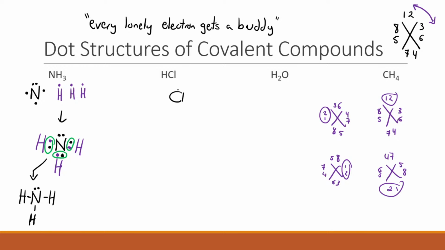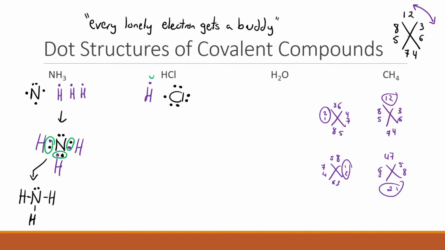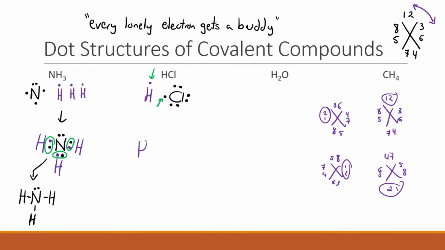If I move on and look at something like HCl, you can see pretty quickly that we have 2 unpaired electrons, right? 2 lonely electrons, and so we are going to buddy them up. We're going to end up with a picture that looks like this.